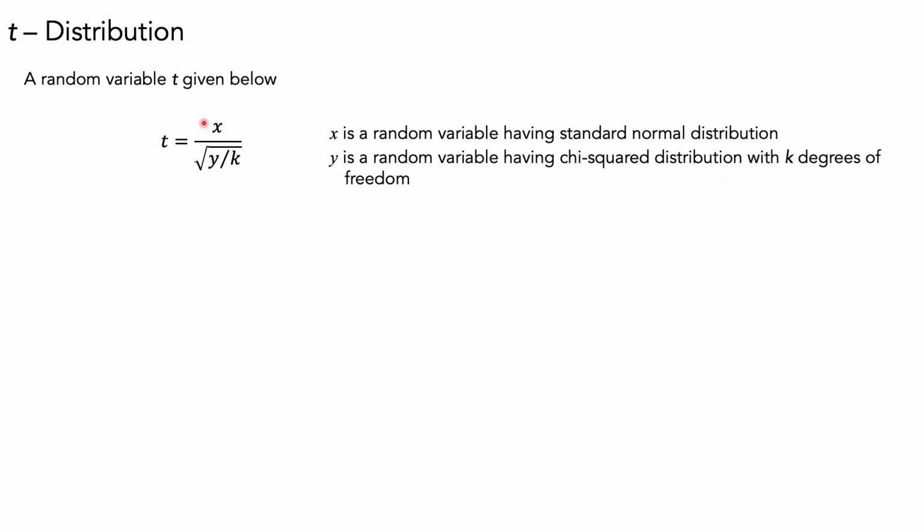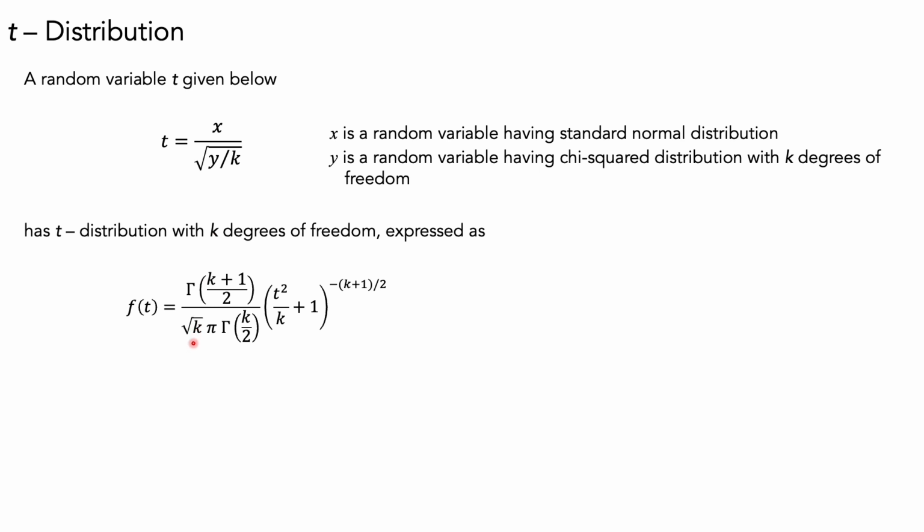So x has a standard normal distribution and y has a chi-squared distribution, and k is the degrees of freedom of the chi-squared distribution followed by y. Then this variable t will follow a t distribution, which has a probability density function expressed like this.